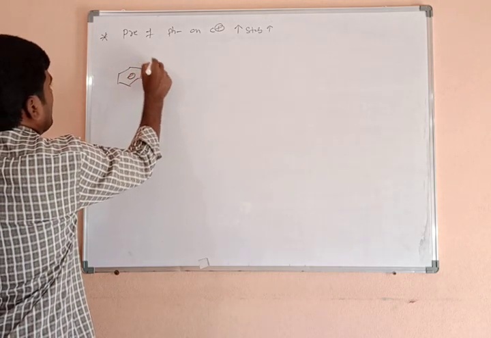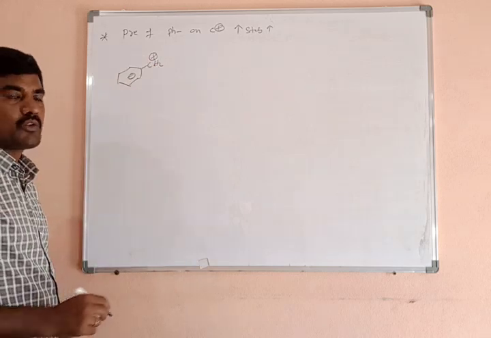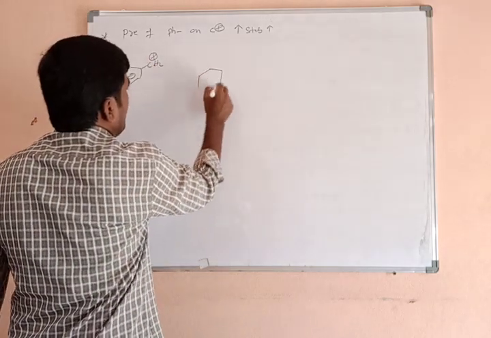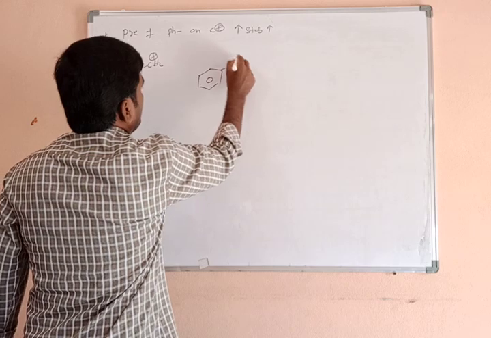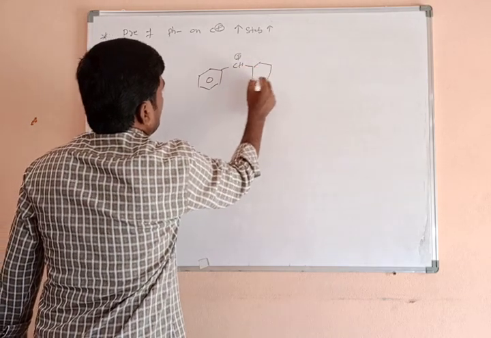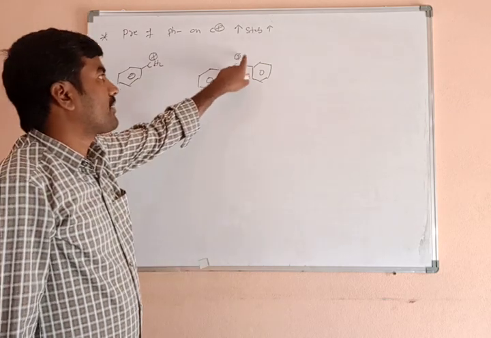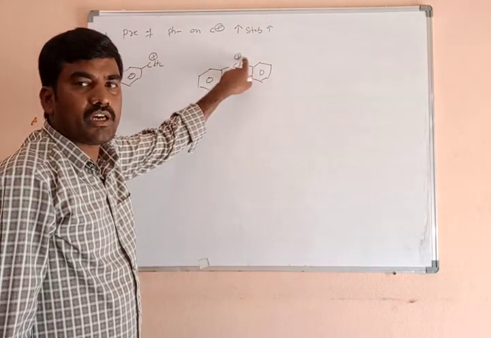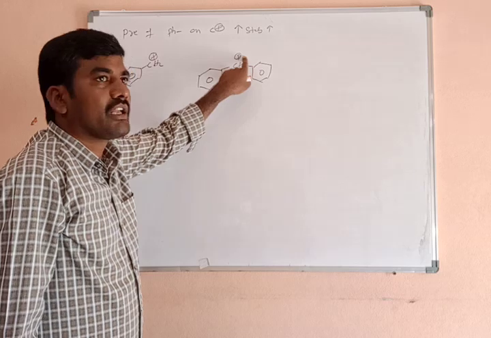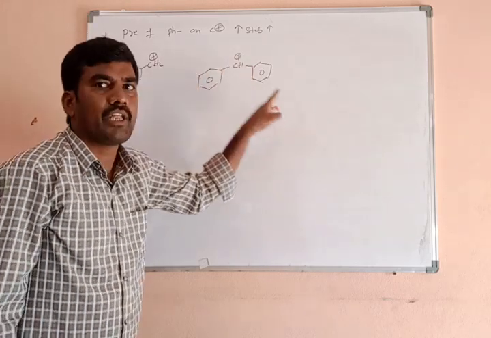this is a benzyl carbocation. Only one phenyl group is there. Instead of hydrogen, another phenyl group: CH positive and phenyl. Two phenyl groups are there, and two phenyl groups stabilize the carbocation. The positive charge on this carbocation is resonance stabilized by these phenyl groups.